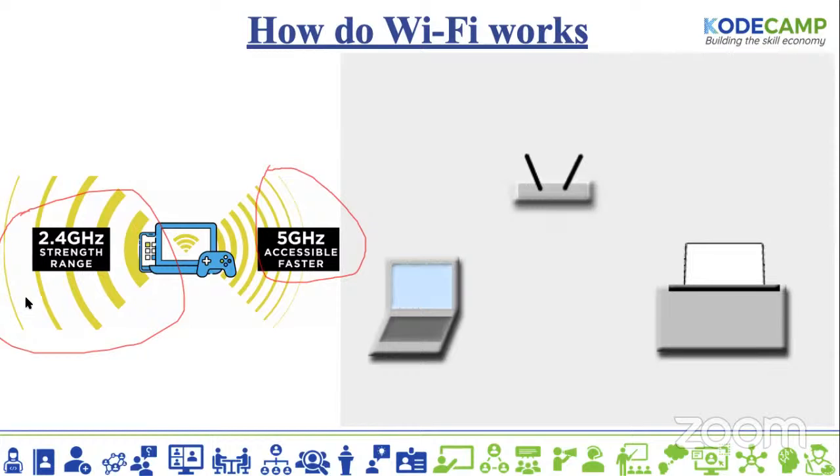Begin to look at this 2.4 gigahertz. Look at the gap between each wave, and between this wave and the next wave. Then look at the 5G, the gap between each of them.